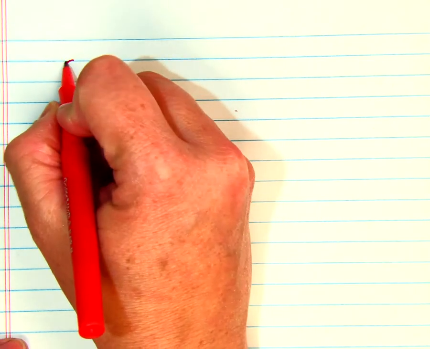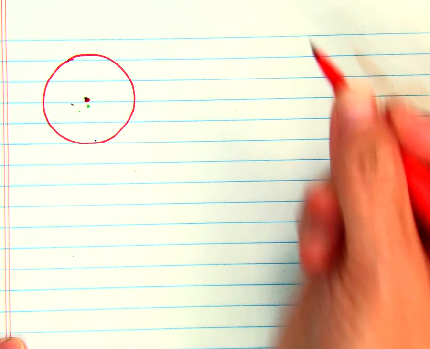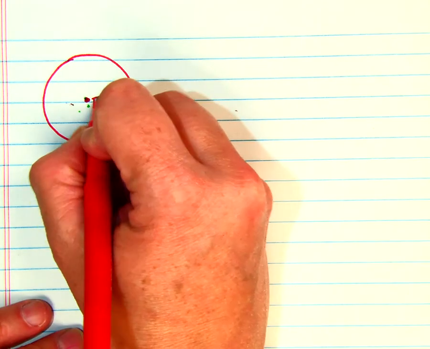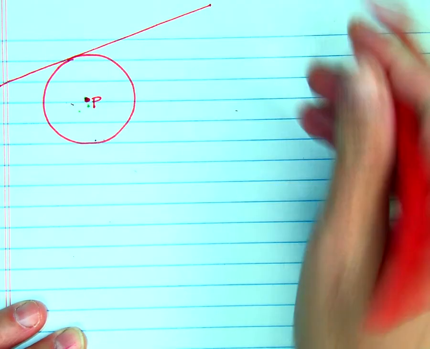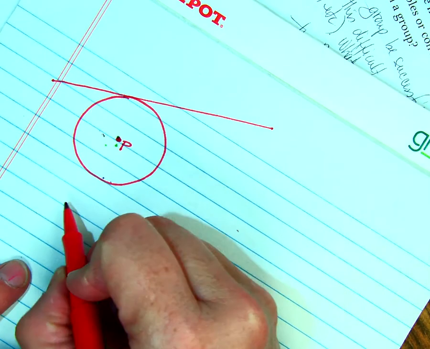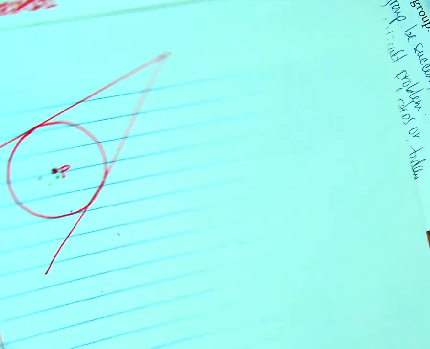So let's say we still have a circle. And this is going to be circle P. And we have a tangent here and another tangent there.